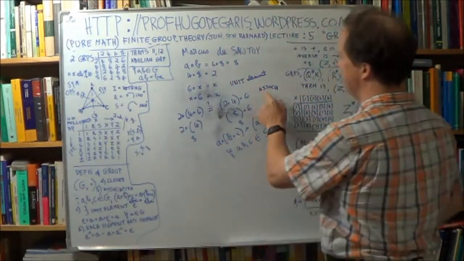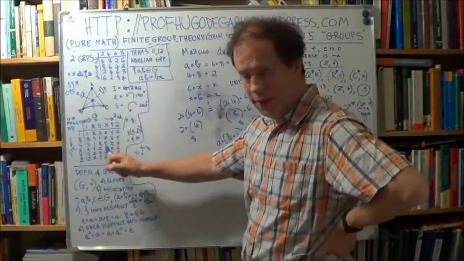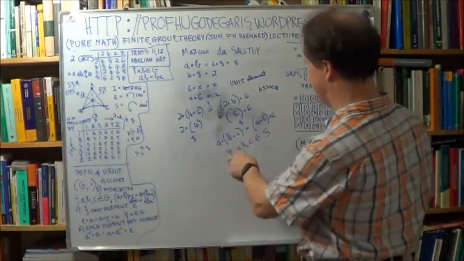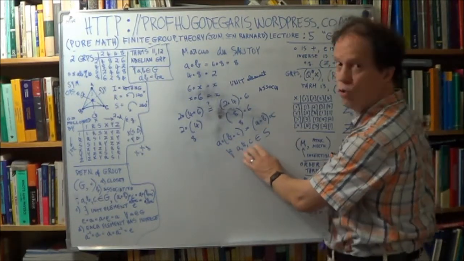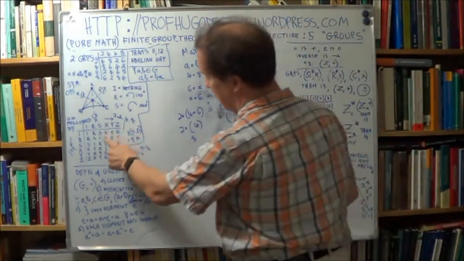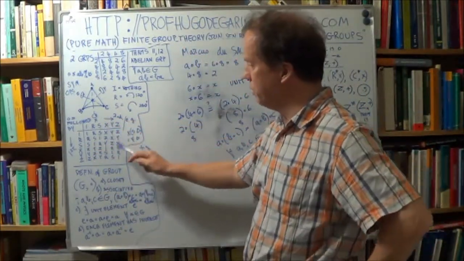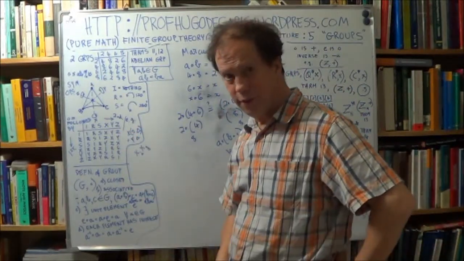Now, what about associativity? If you take any three of these and do the associativity test, is this true for all possible A, B, C, any three elements of your set? Like I say, it's tedious, but you can test it and you'll find that it is associative.